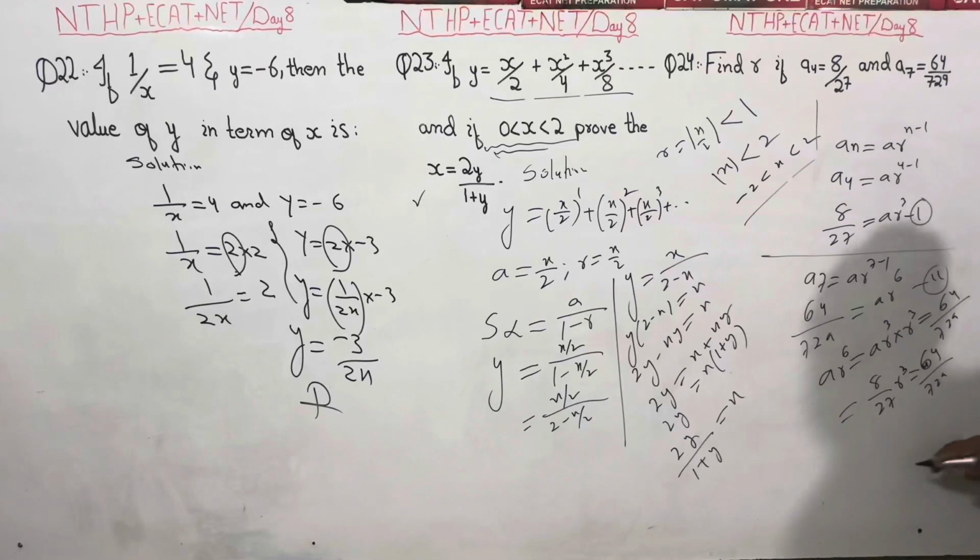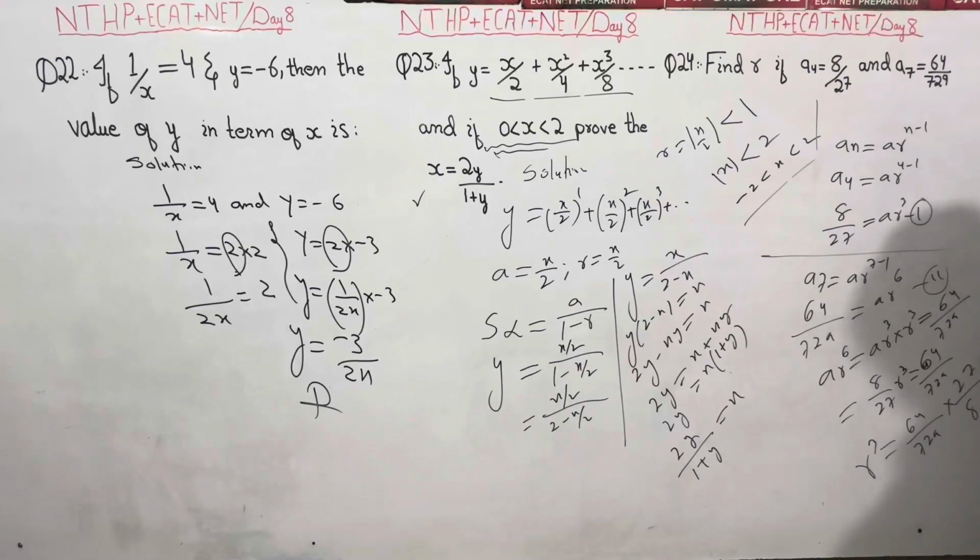Solving for r cube: 64 over 729 multiplied by 27 over 8. 64 is 2 to the power 6 and 729 is 3 to the power 6.